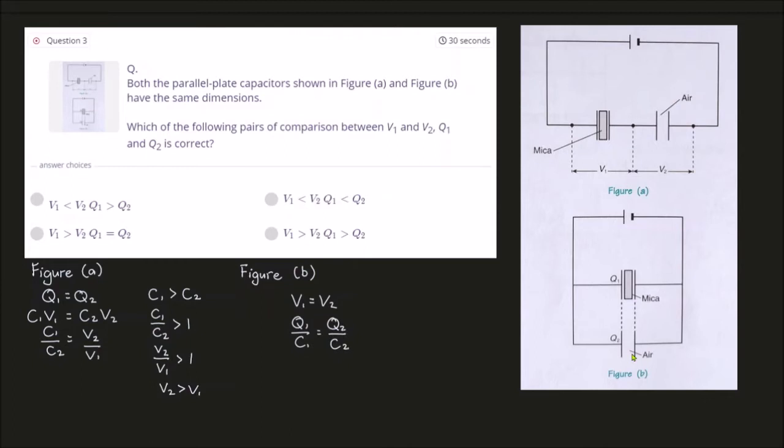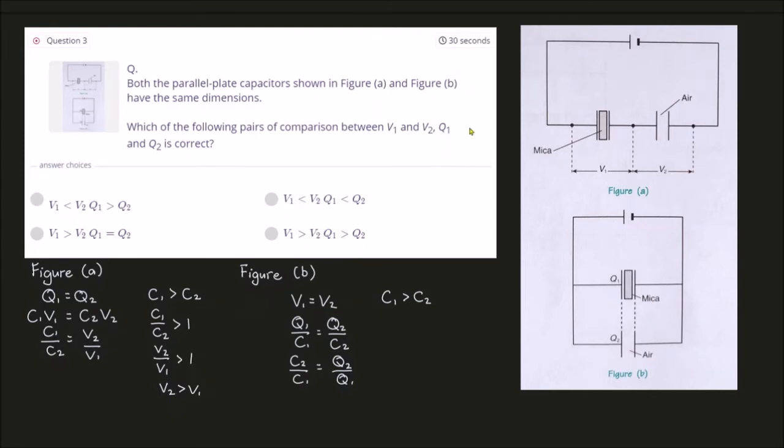So what can we say right now is let's again shuffle things around a bit. So we know that C2 over C1 will be equal to Q2 over Q1. If I tell you today that C1 is greater than C2, again a similar situation, C1 is being inserted with dielectric, so C1 will be greater than C2.